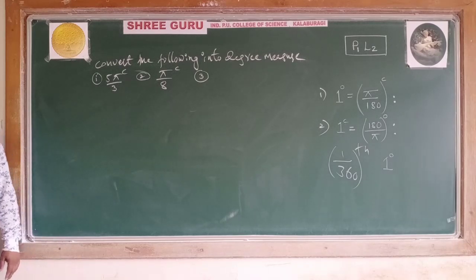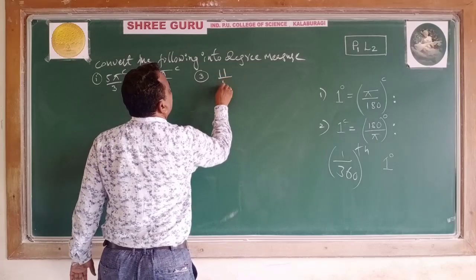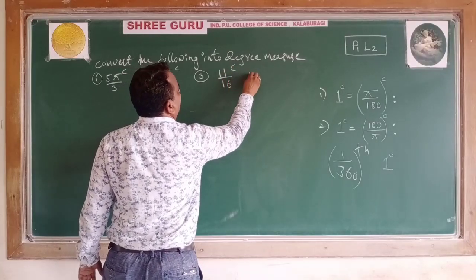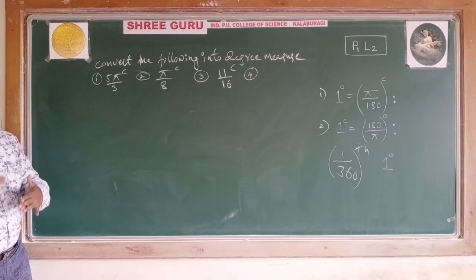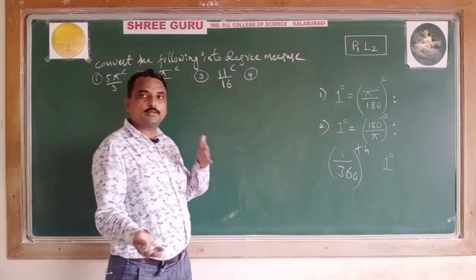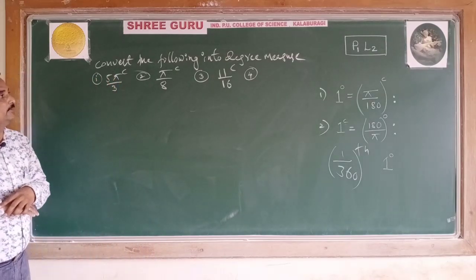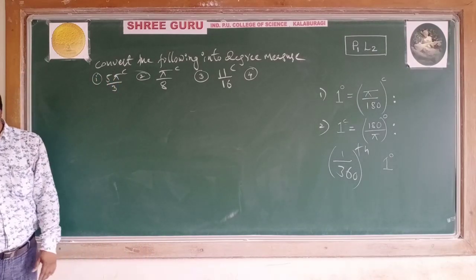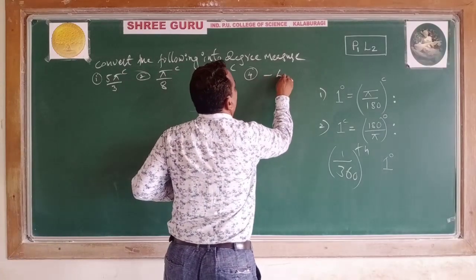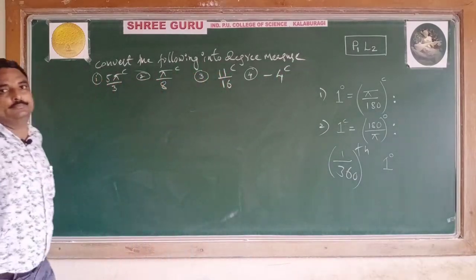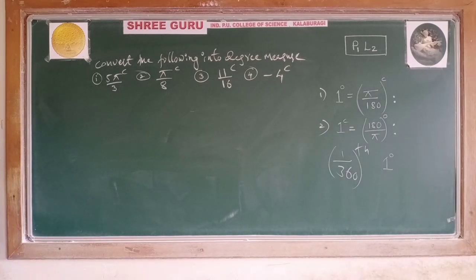Now we will come to fraction radians, as we have converted fraction degrees, minutes in terms of degree. Let us see these 4 examples one by one.